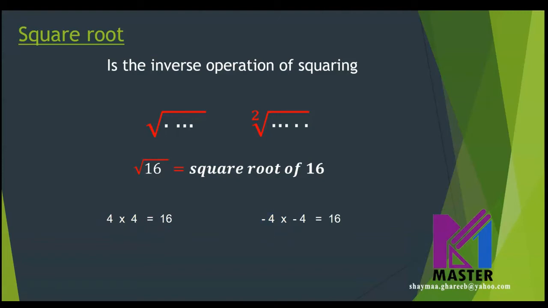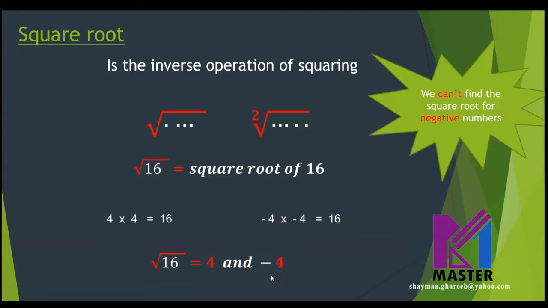So we can say that the square root gives two answers. One of them is positive and the other one is negative. So the answer of square root of 16 could be 4 and negative 4. Okay? So the square root gives two answers, one positive and one negative.